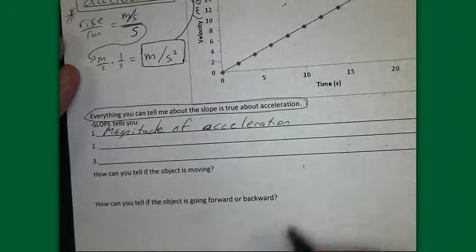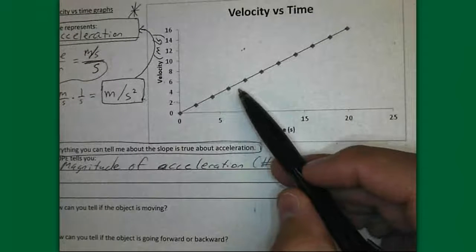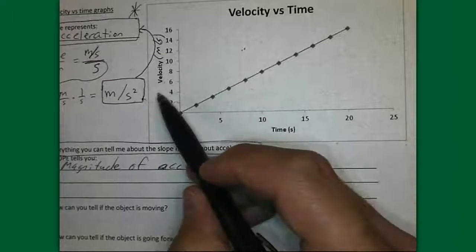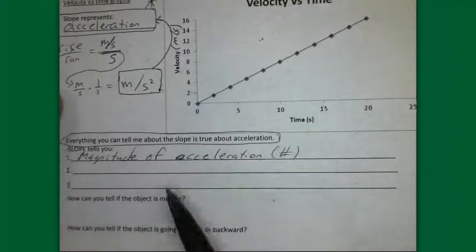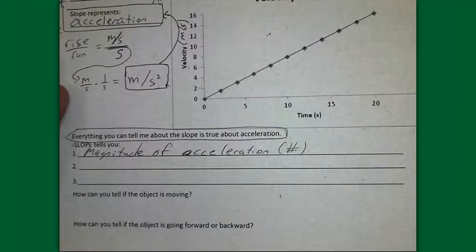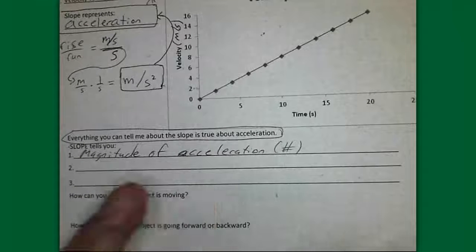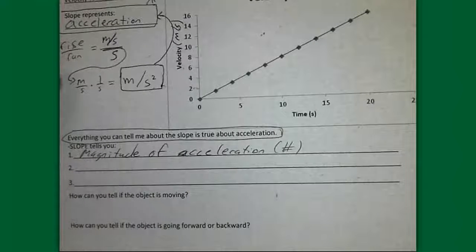Magnitude of the acceleration, in other words, the number. If we calculate the slope of this graph, we get the magnitude of the acceleration in meters per second squared. Okay, so that's almost the same as what the position time graph was, except instead of velocity, we're doing acceleration.